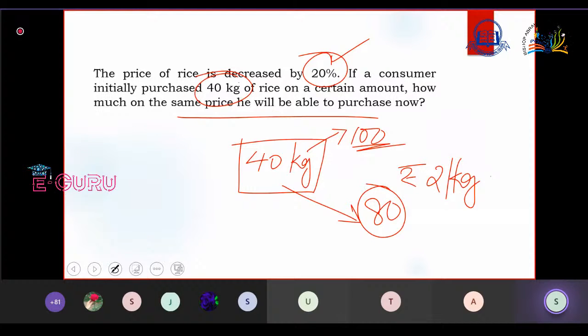So current price already we got and we need to find out this initial amount, how much kilogram you can purchase now. Initial amount means as per our assumption it is 100. Current price is rupees 2 per kg.